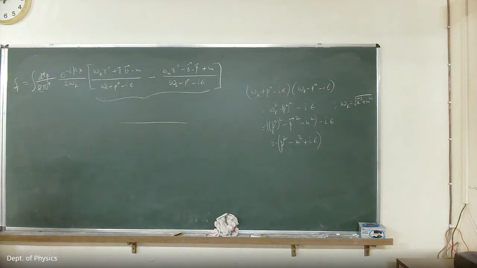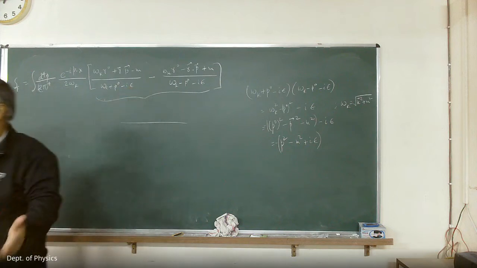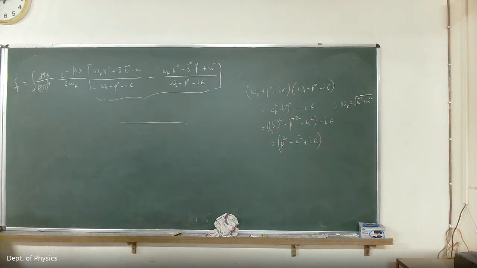So all terms where epsilon occurs in the numerator, you just drop them. They will not survive the limit epsilon tends to 0, so I'm not interested in them. You cannot blindly take the limit here because you end up with the pole. That you can take only at the end of your calculation.